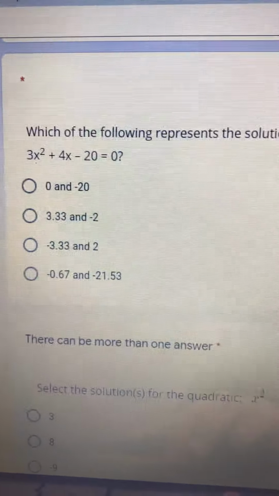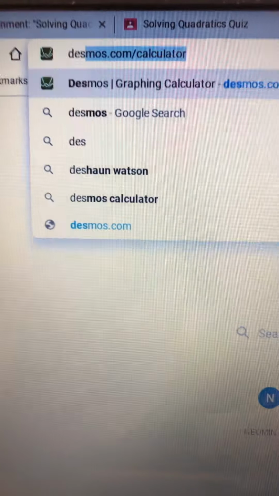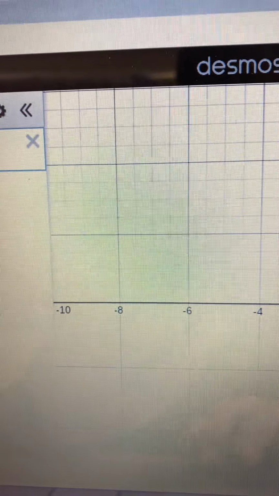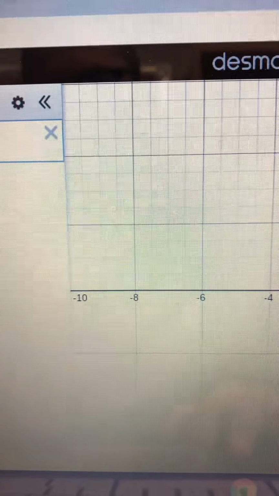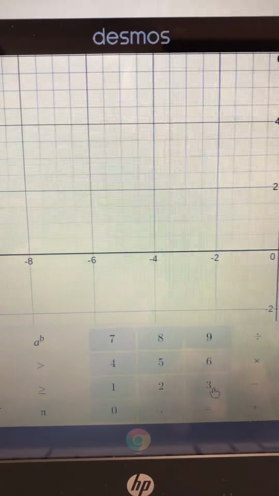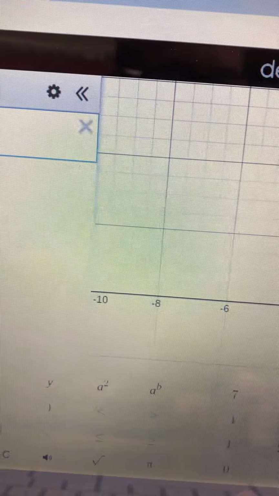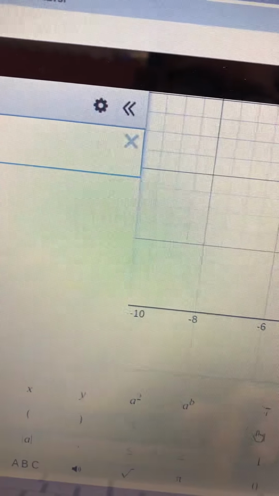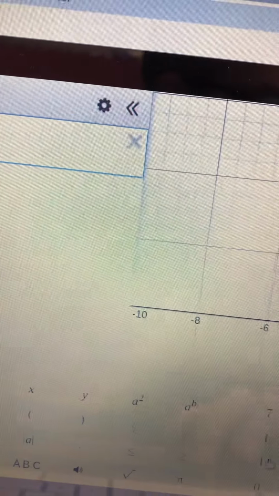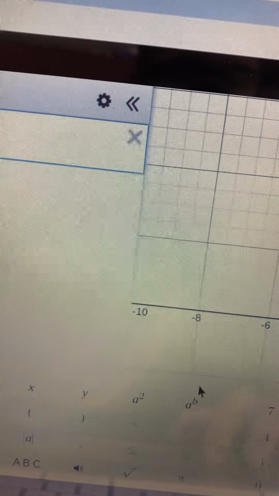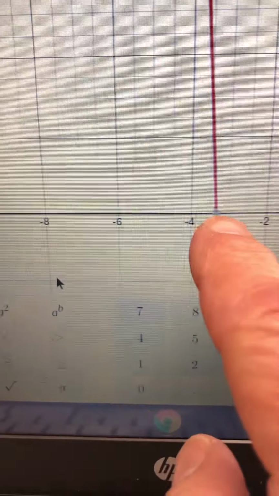So in other words, go to Desmos and just plug that problem in: 3x squared plus 4x minus 20.